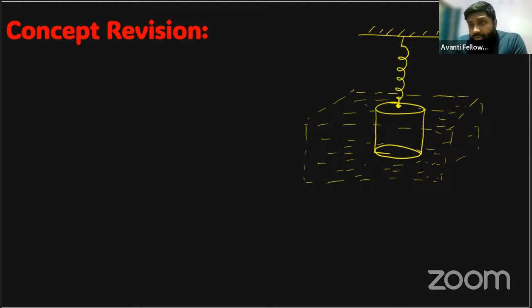So if you have just noticed one thing, that whenever we are writing the force which is responsible for oscillation, condition for oscillation, we have written that F is equal to minus kx raised to the power n. This is for oscillation. And this is k into minus x raised to the power n. And n is equal to the odd integer.